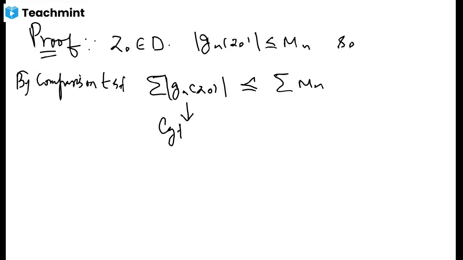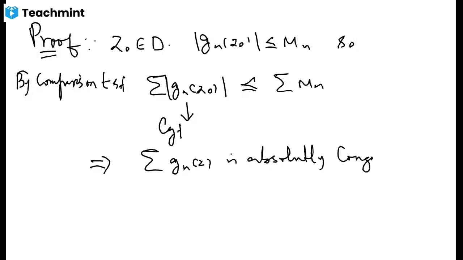So what I can say now is that z_0 was an arbitrary number, which means this series of functions g_n(z) is absolutely convergent for each z in D. You remember absolute convergence is when you take the modulus of the terms.